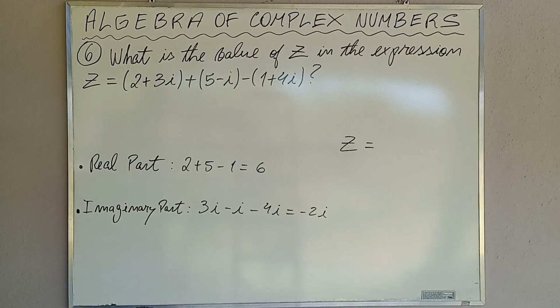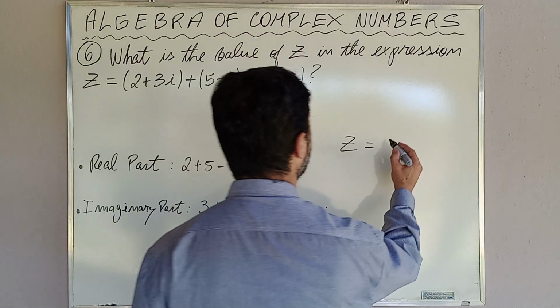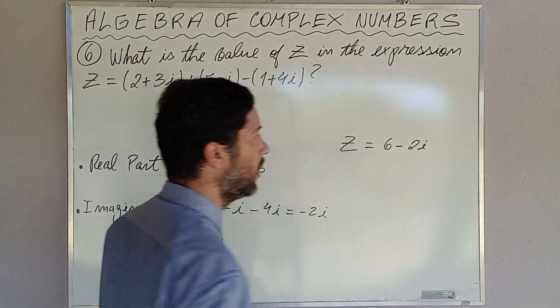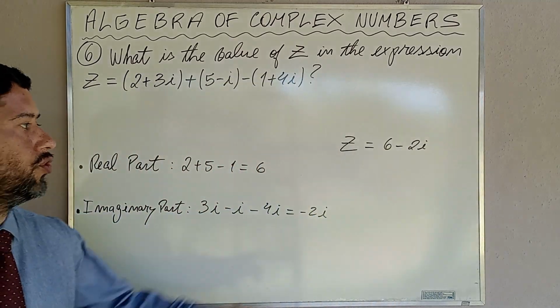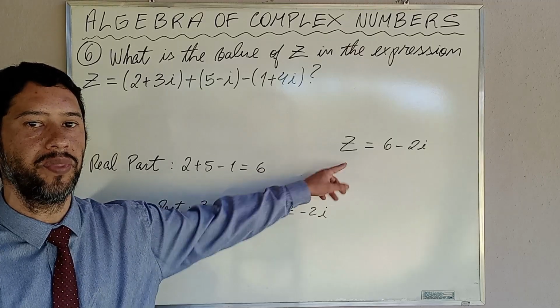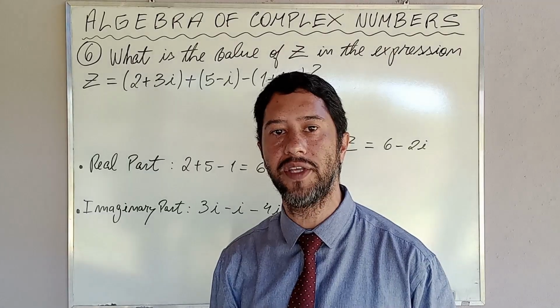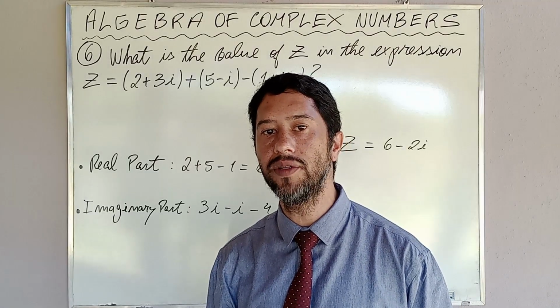We conclude therefore that z is equal to 6 minus 2i. And this is the solution of the exercise, and it is all for the debate of this exercise. Let's go to the next.